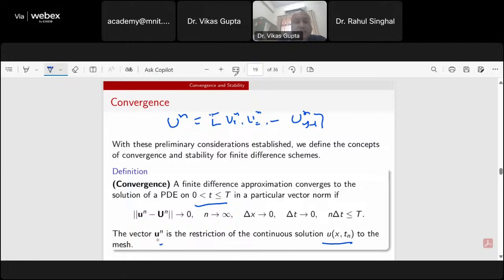So that vector for the continuous solution you can obtain in this way. So this definition of convergence is clear. Participants, any doubt, any query on this definition? Okay.